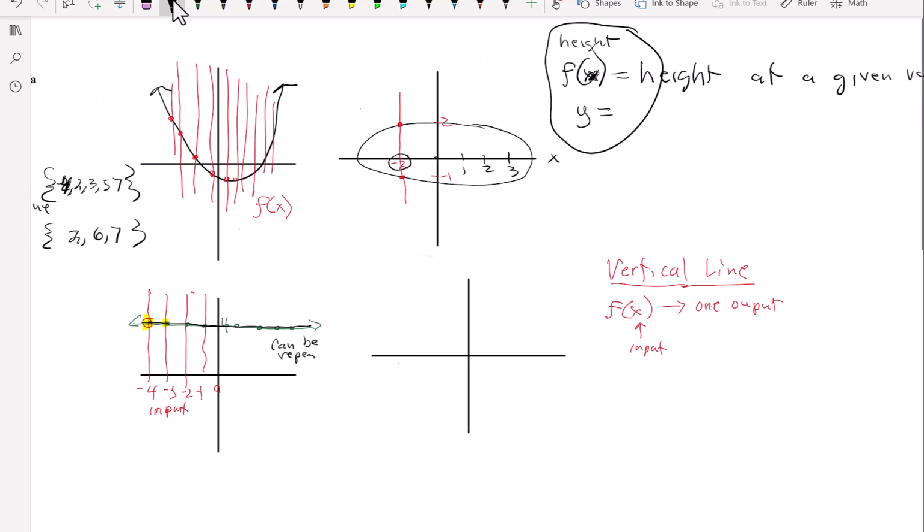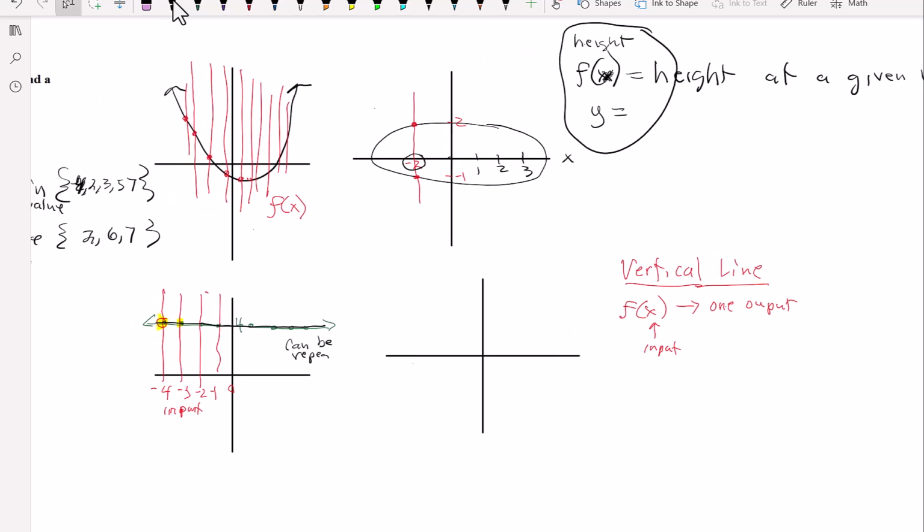So for example, look at f of negative 4. The height is positive 4. Here's the input. Here's the output. The output is the height.